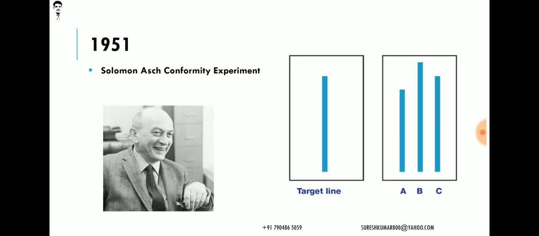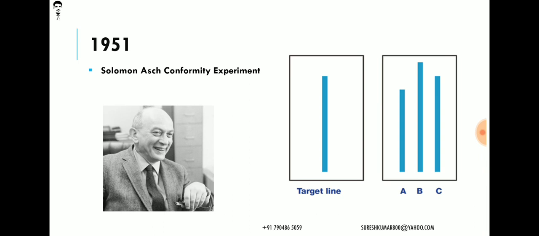In 1951, Solomon Asch, one of the social psychologists, conducted the conformity experiment. In a room there are 10 or more people. One person is the outsider, and the remaining persons are known to the experimenter. These 9 people will give the wrong answer to the question.